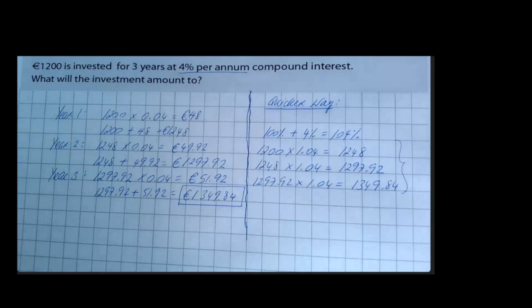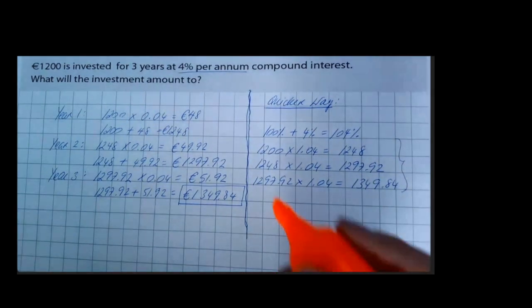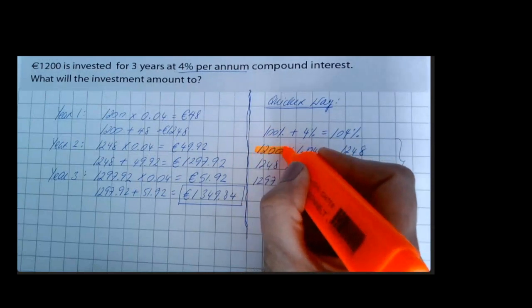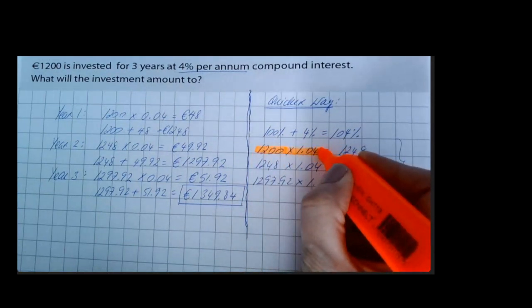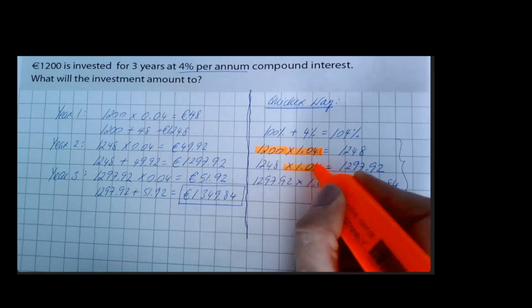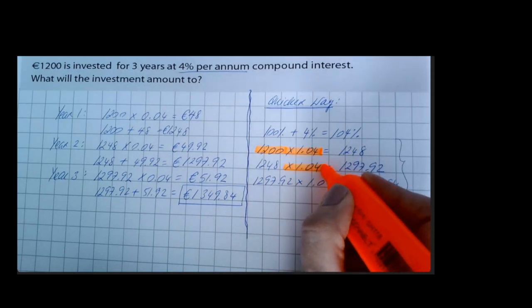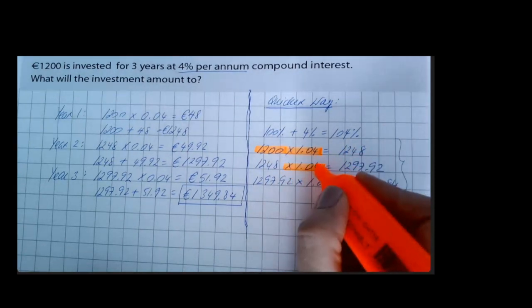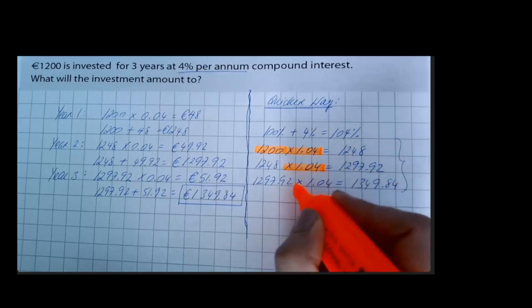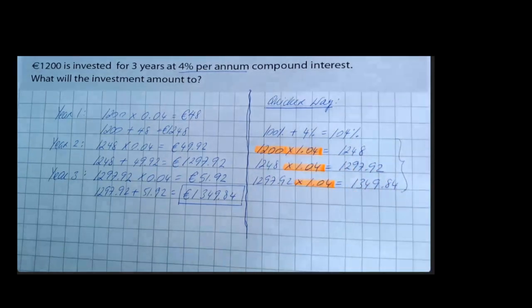If I wanted to do that all in one quick go on the calculator, basically what I'm doing is 1,200 times 1.04, and then I'm timesing by 1.04 again, because whatever I get, I'm timesing by 1.04 again. Whatever I get there, I'm timesing by 1.04 again.